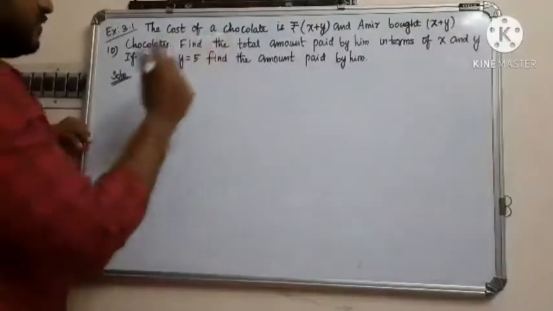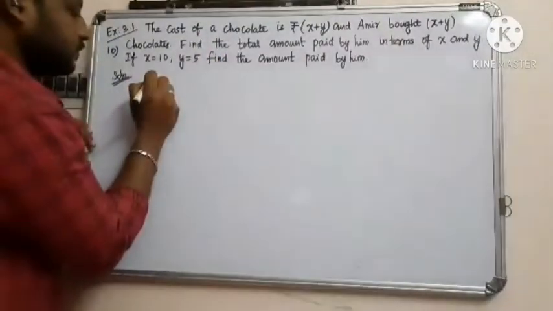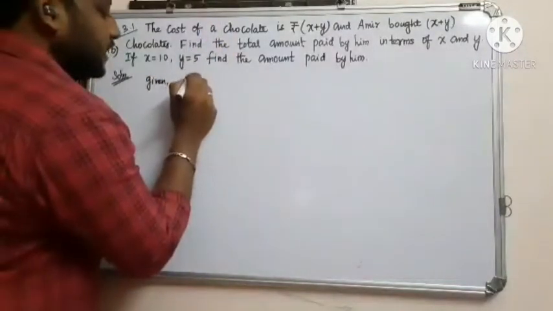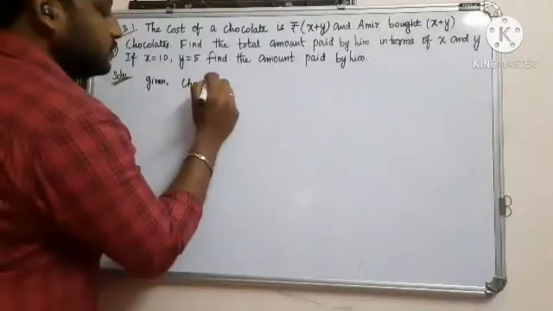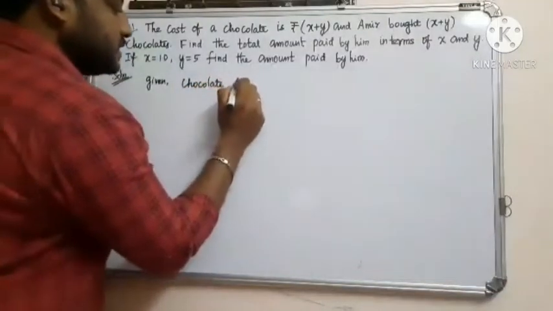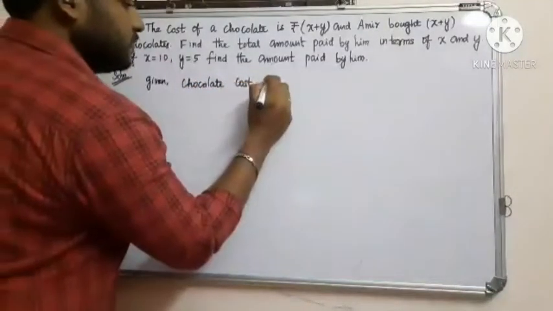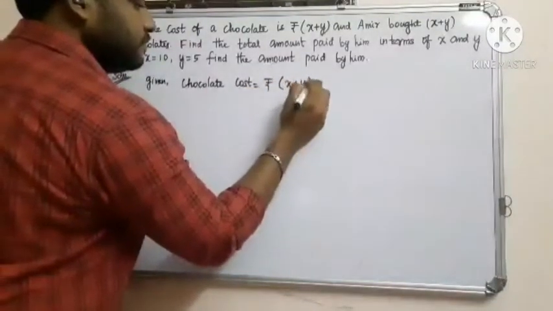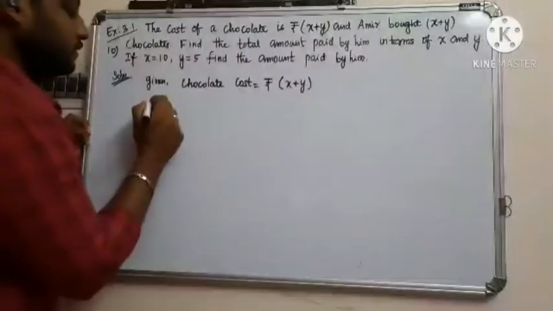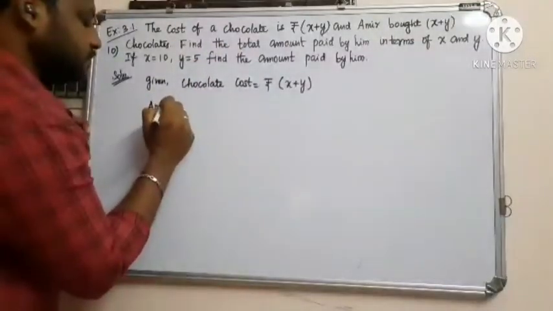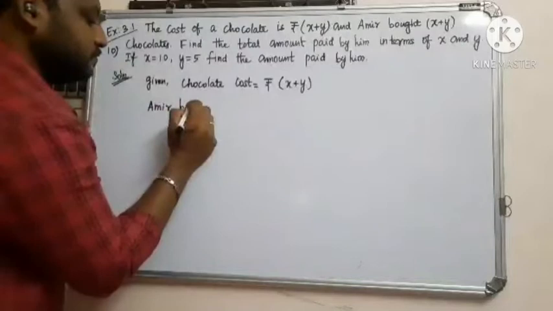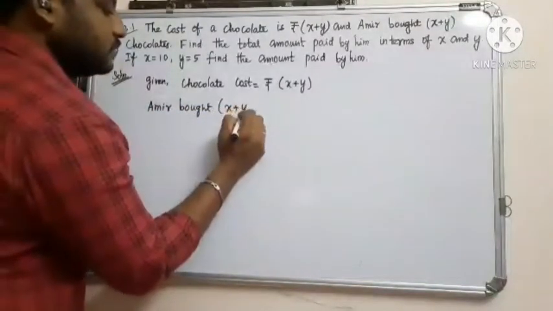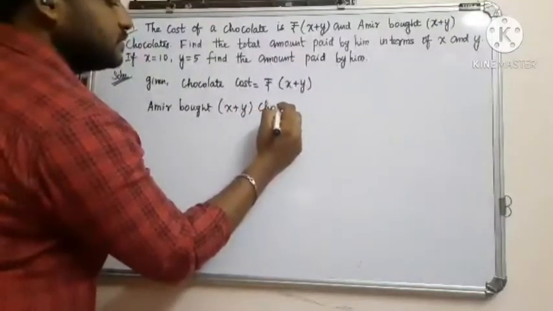So first of all, given: chocolate cost is x plus y rupees, and Amir bought x plus y chocolates.